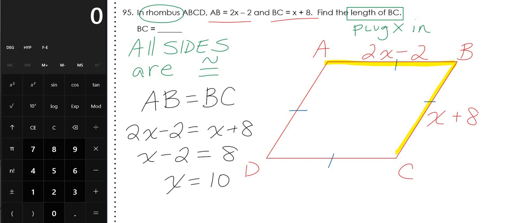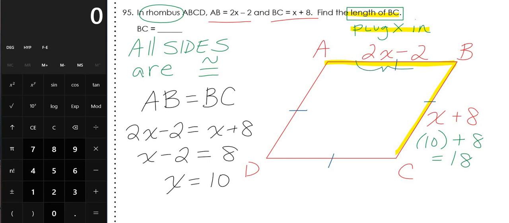Now I'm tempted to write that as my final answer, but remember we said plug x in because I want the length of BC. So I'm going to take the 10 and plug it in. So 10 plus 8 is equal to 18. Same thing should go for side length AB if I did my algebra correctly.